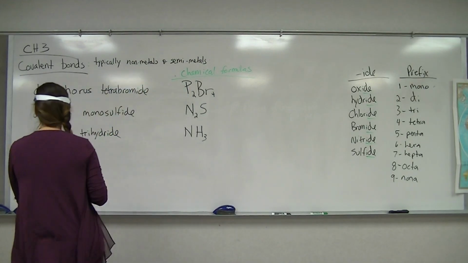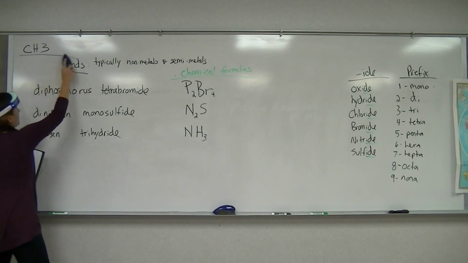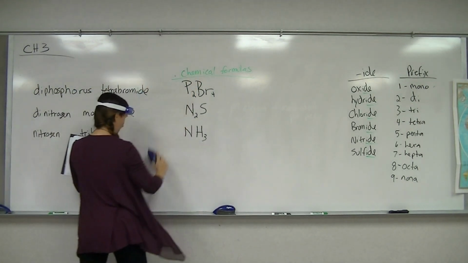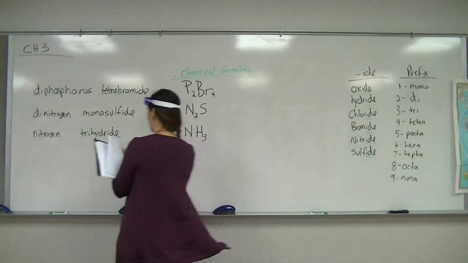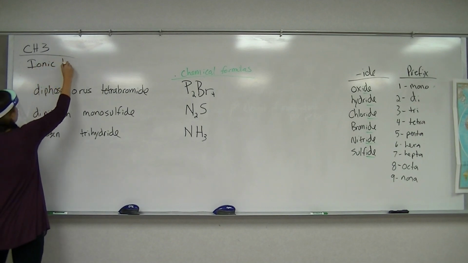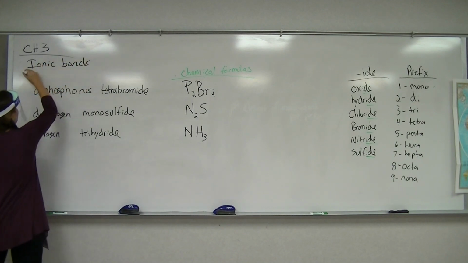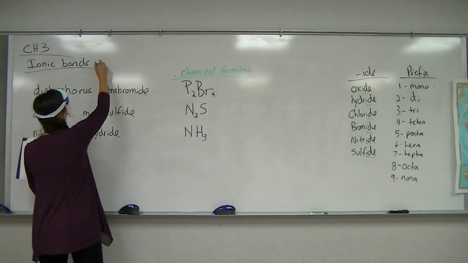All right. What we're going to tackle next is ionic. So we're away from sharing. We're not sharing electrons anymore. Now we're going to look at transferring electrons. So ionic bonds. Now, ionic bonds are typically metals with nonmetals.